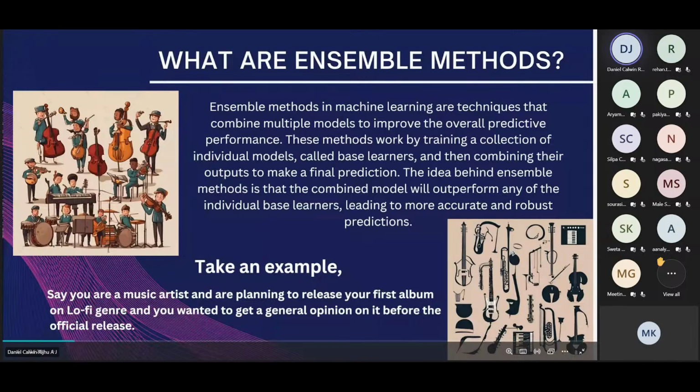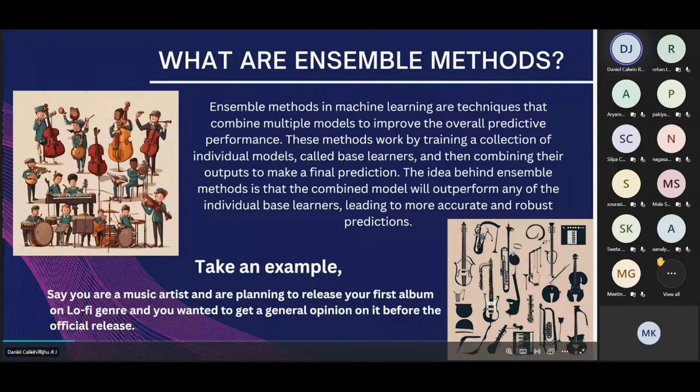I'll provide you guys with a real-time example. Let's say you're a music artist and you want to get a general opinion on your music before publishing it online. The best idea would be to gather a set of, say, 60 to 70 people and get the opinions from them. Why is it better than just calling out some 5 to 10 people?